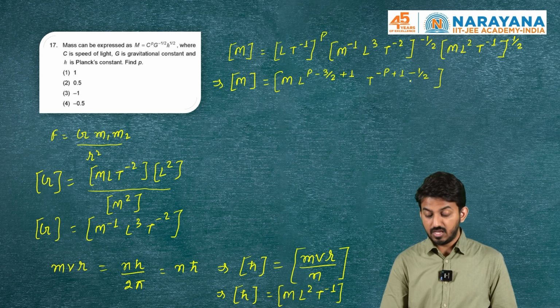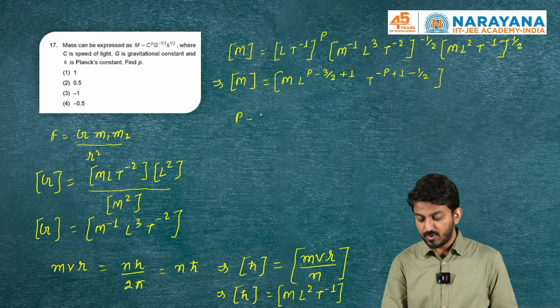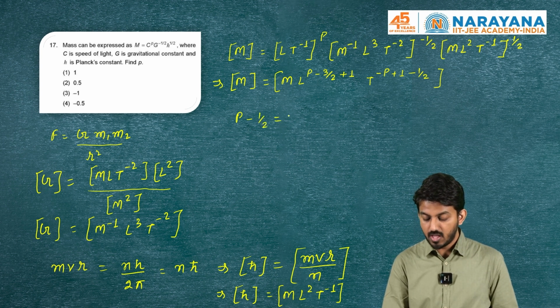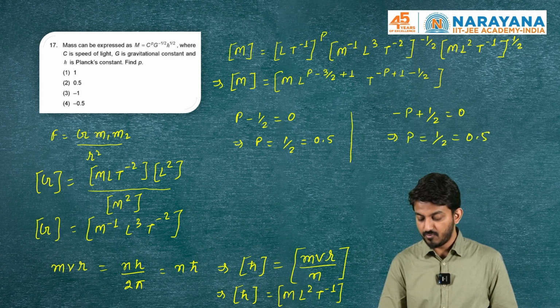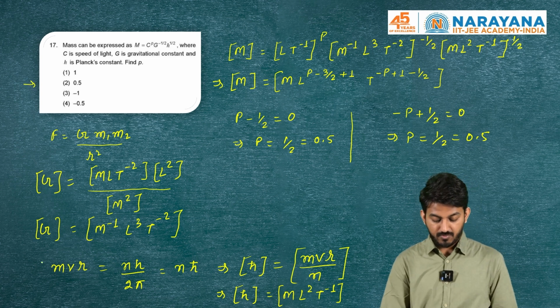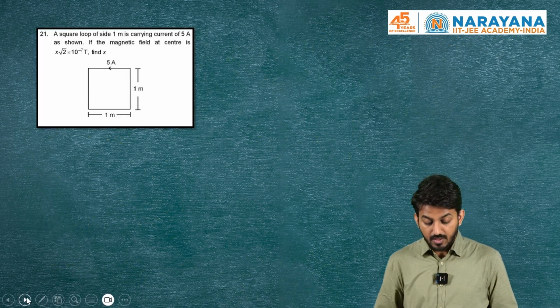For these to be dimensionally equal, p minus 3 by 2 plus 1, which is p minus 1 by 2, should be equal to 0, giving us p is equal to half, which is 0.5. We can do that for t also. That gives me p plus half is equal to 0, again giving us p is equal to half, and thus 0.5. The answer is 0.5.